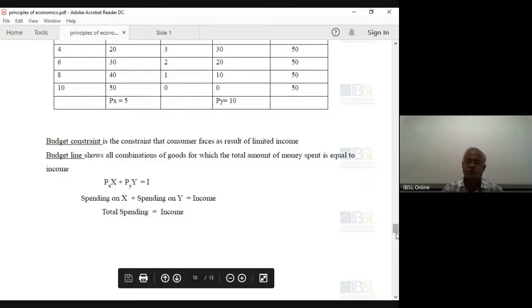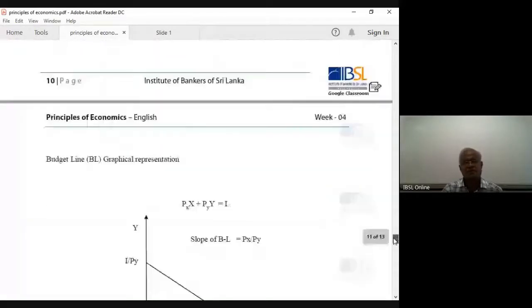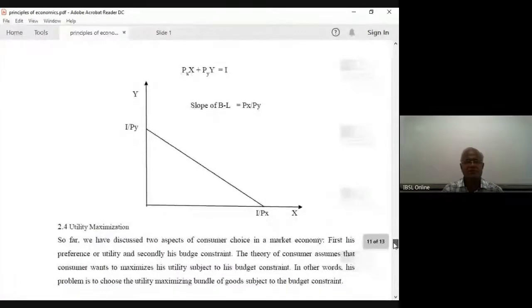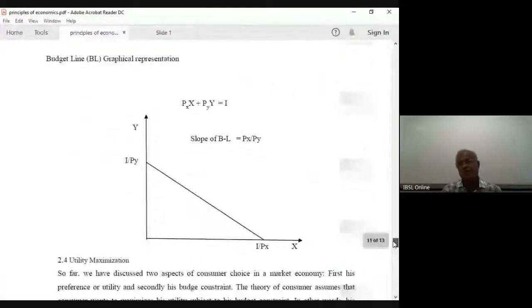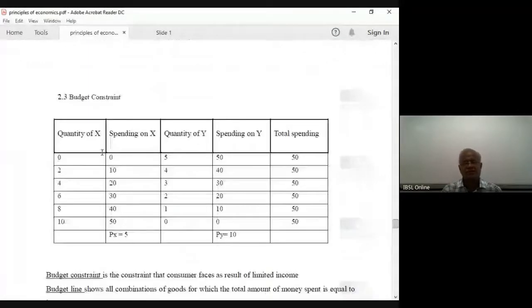We can draw the budget line using the numbers in the table. Budget line is this. You draw the X and Y axes, and mark X as 0, 2, 6, 8, 10 and Y as 1, 2, 3, 4, 5.